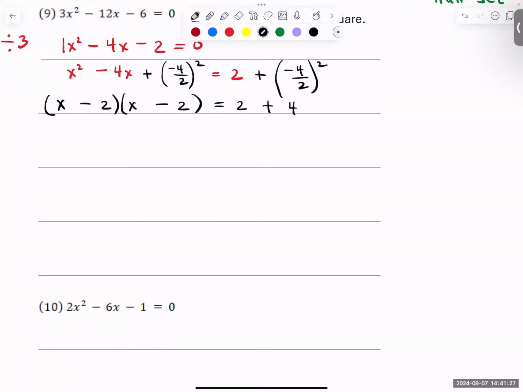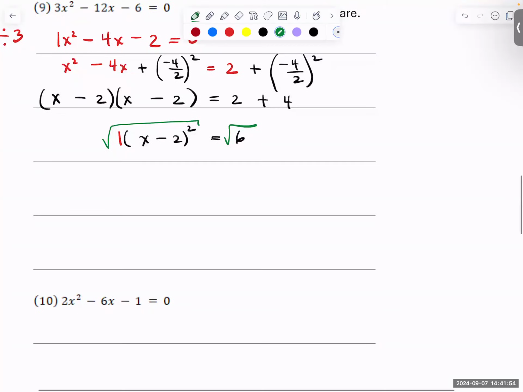The left-hand side is the square of the difference, x minus 2 quantity squared equals 6. Coefficient is positive 1. So now we can apply the square root property since we have expression squared. So we'll take the square root of both sides. And so we get absolute value of x minus 2 equals principal square root of 6.